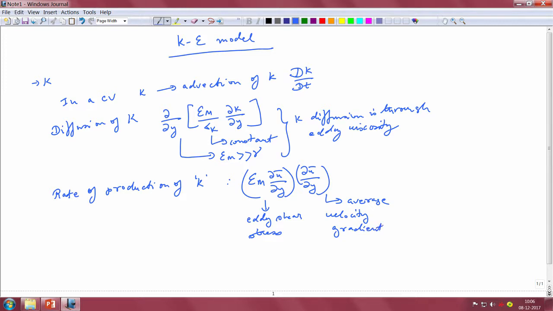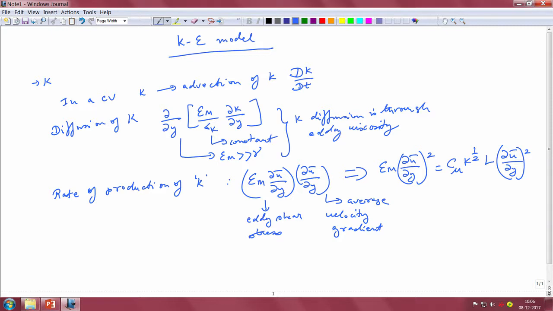So, this can also be written as epsilon m into du bar by dy square. Or in other words, if you remember that epsilon m we already wrote in terms of k to the power of half L, du bar by dy whole square. So, that was the rate of production.